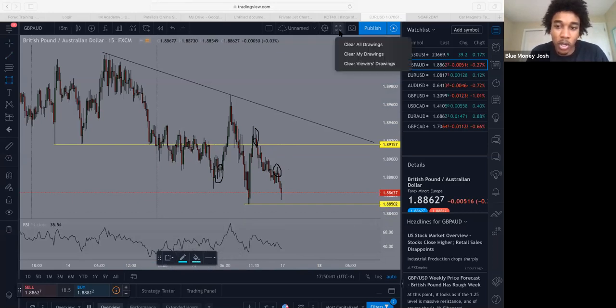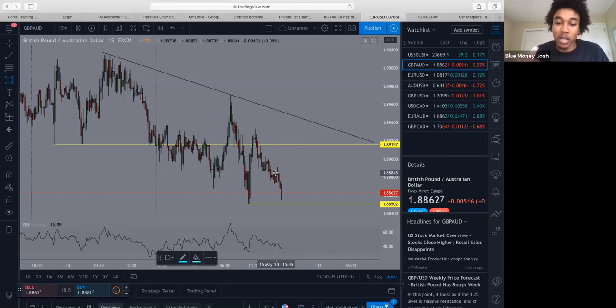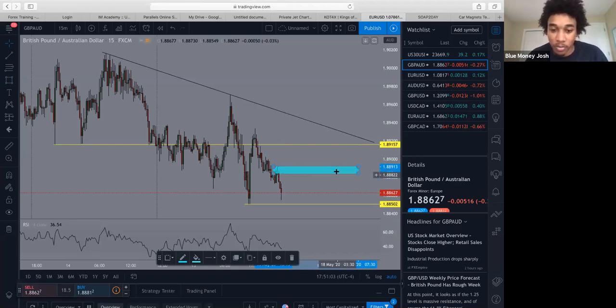That's what you want to look for. But as far as the price action zone, I'm gonna start it at the close or open of the candle, and I'm literally just gonna pull it all the way across, just like this.